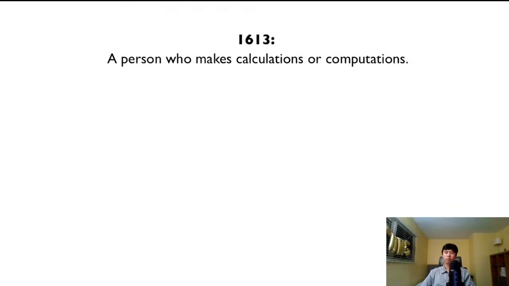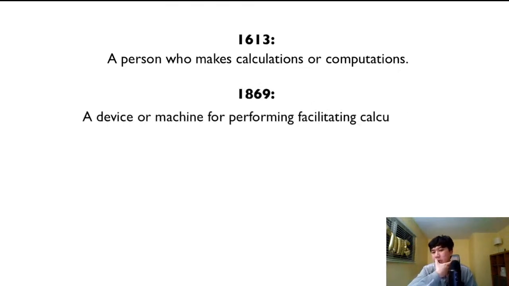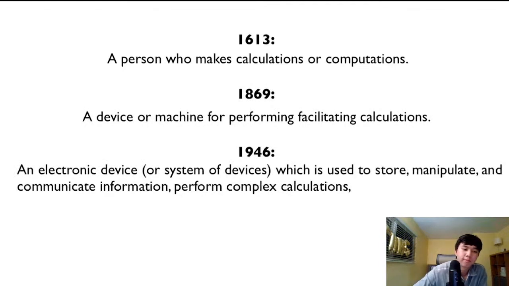Now, obviously, there weren't any machines, there wasn't even electricity at this point, so a person had to do all the calculating. And then I saw the next definition from 1869, a device or machine for performing and facilitating calculations, and then the 1946 definition, which, well, is a lot more complex.